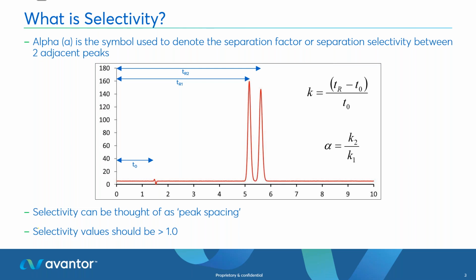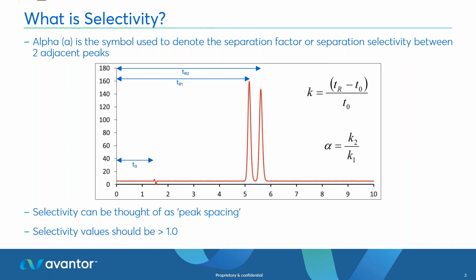We want that number, that alpha value, that selectivity value, to be larger than 1, because if the retention factors for those 2 peaks are the same, then you have alpha equals 1. They only need to be slightly separated to give you an alpha value over 1, showing you've got a separation between the peaks.